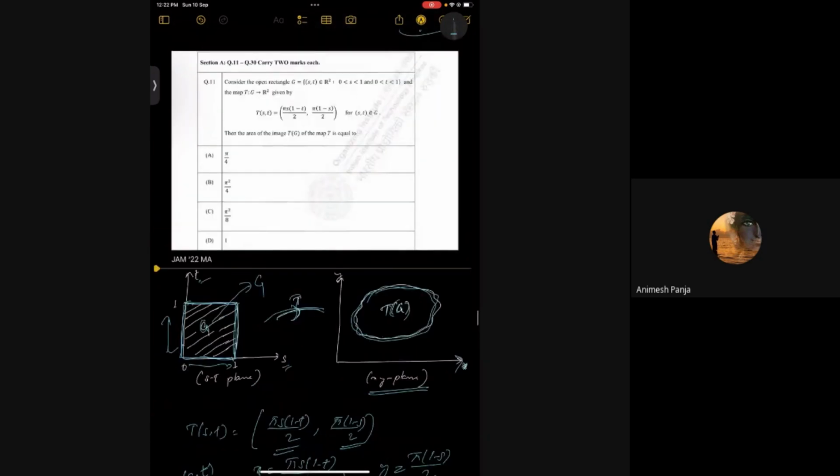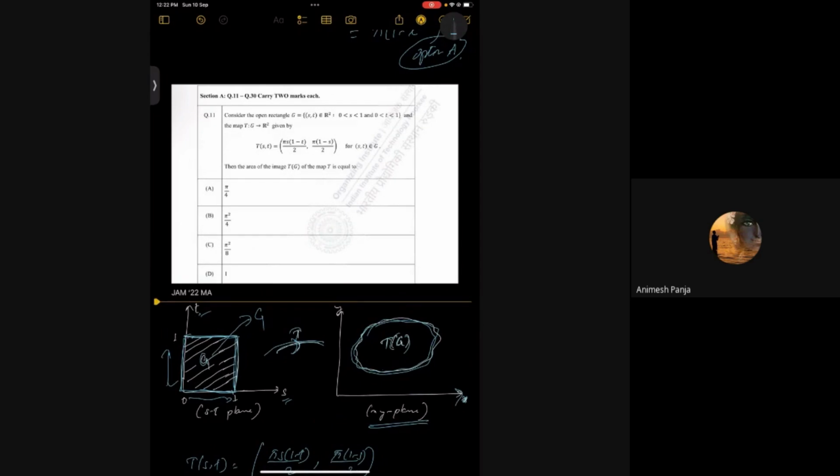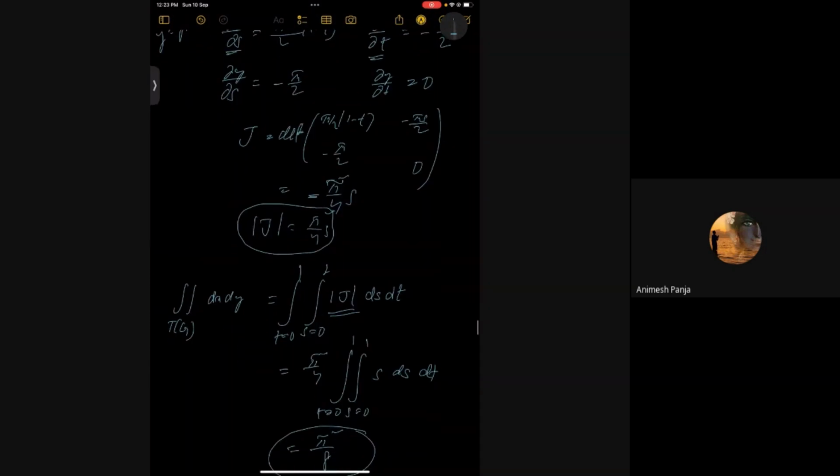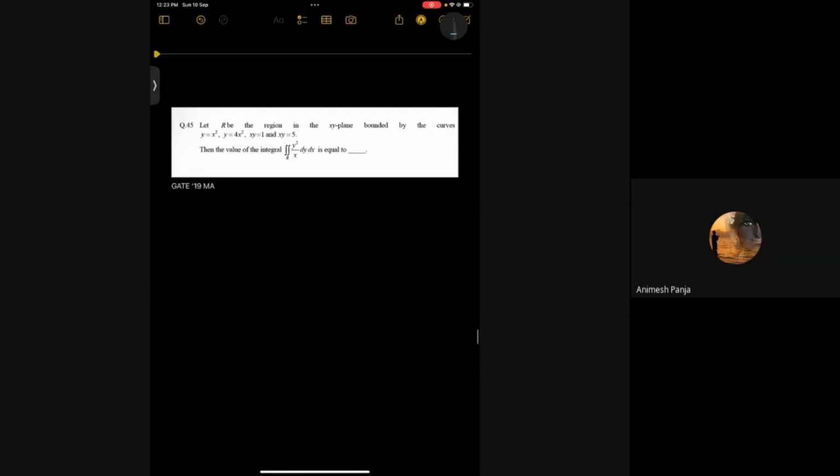You can check easily if you do this integral. This kind of question was asked in GATE. Is it clear now how we found out the area of this image? Yes, sir. Okay, so that is how we use the change of variables in Jacobian to find out the area of this image.